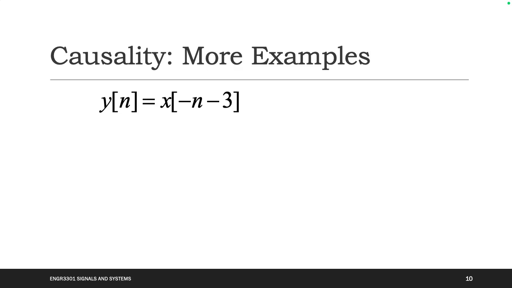If n equals -5, your present time is here, while n is here, but your x is here. Your input is at this time. Which means your output depends on the future time input. So is it causal or not? It is non-causal, because it not only depends on the past, sometimes it will depend on the future. That makes sense to you? How about this one?